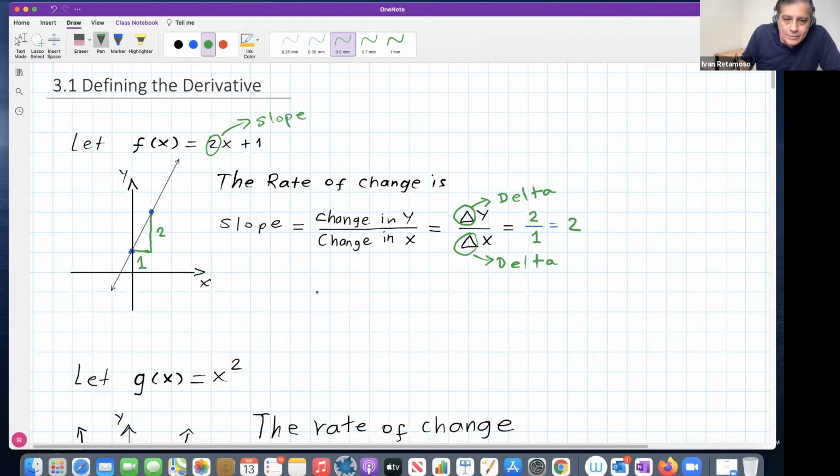And mathematicians use this approach to model a particle moving in a straight line at a constant speed, right? So let's write it here.